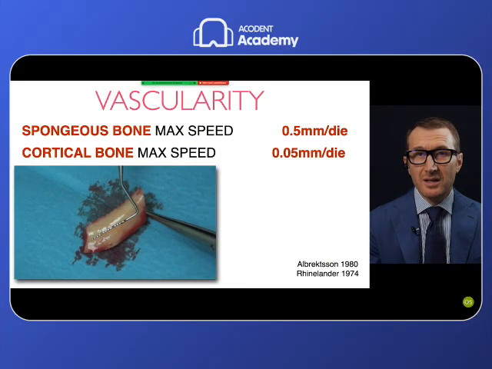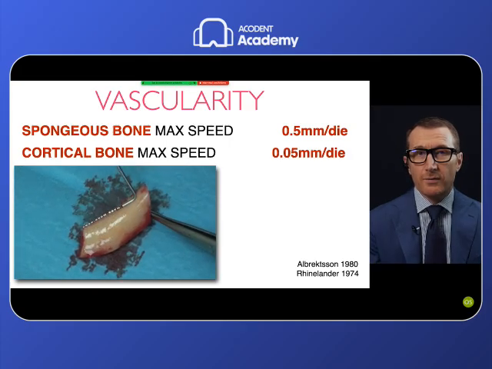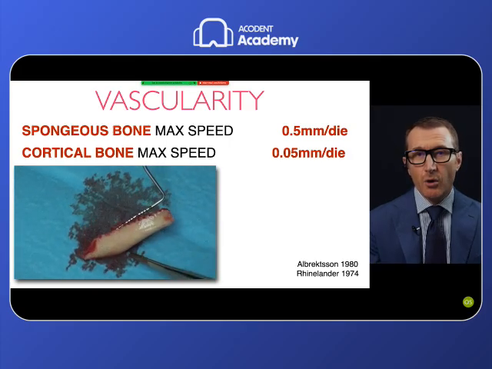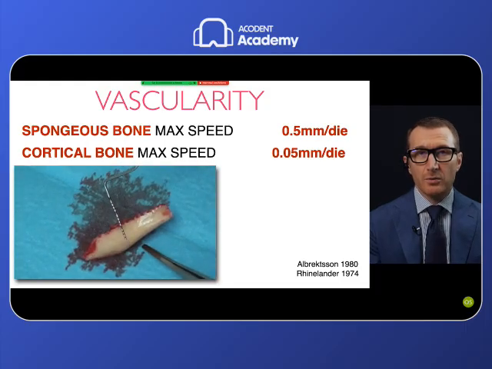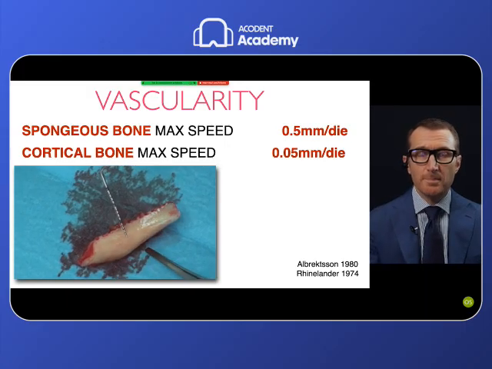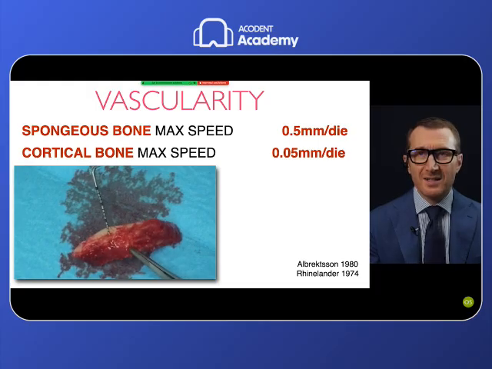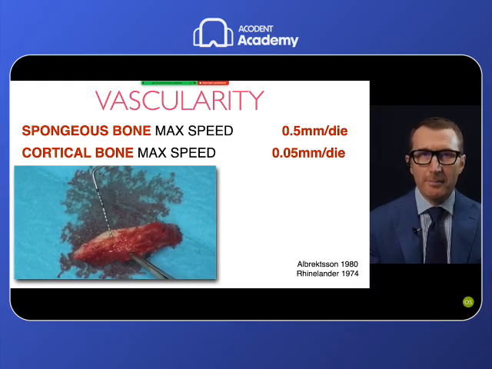And this is related to the fact that the speed of blood vessel growth into the graft material is completely different. In trabecular bone, spongious bone, or particulated graft material, the speed of vascular support development is 10 times faster compared to what happens in cortical bone.